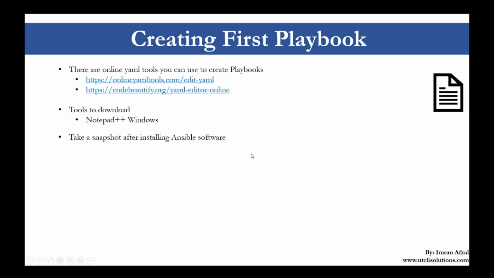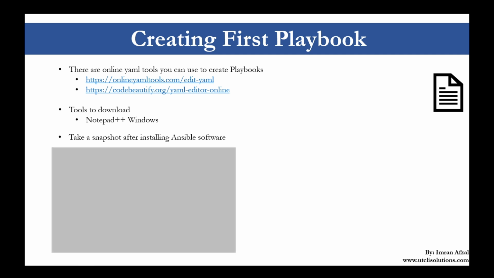Now let's go and see what first playbook we are writing. The first thing we have to do is become root. Now you could run a playbook as a root user or a normal user. It doesn't really matter. What matters is what commands or what function that playbook is going to do.